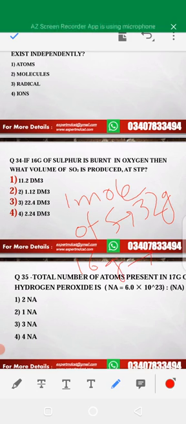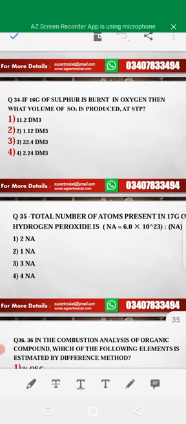So 11.2 dm cube should be the correct answer, because 1 mole of sulfur, which means 32 grams, occupies a volume of 22.414 dm cube. They are asking for 16 grams of sulfur, which means 11.2 dm cube volume is produced, which is half of the molar volume.